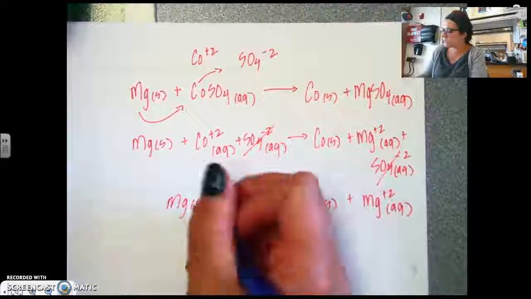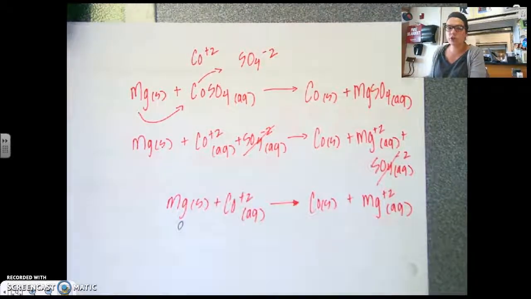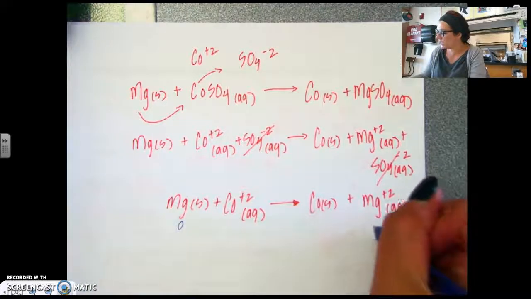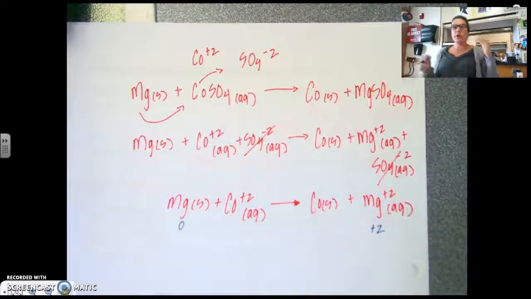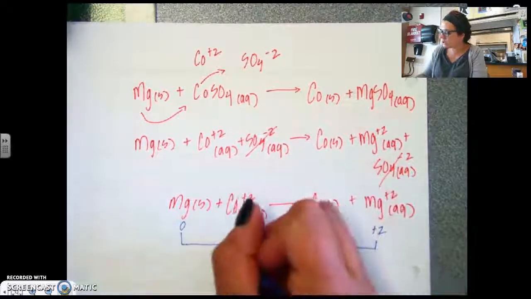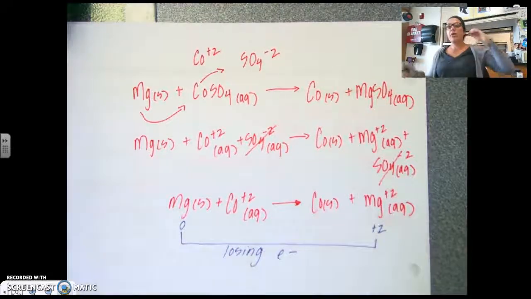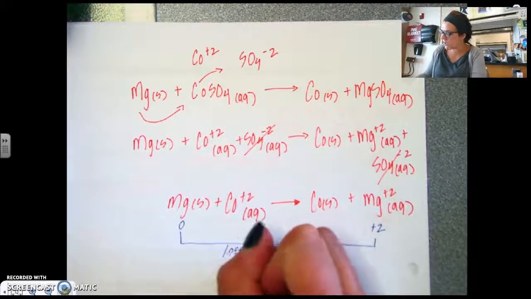In this case, magnesium is in its elemental state, therefore it'll have no charge, where over here it's +2. When I go from having no charge to a +2 charge, that means that I am losing my electrons. So I'm losing electrons, and oxidation is lost, OIL, so that means that magnesium is being oxidized.